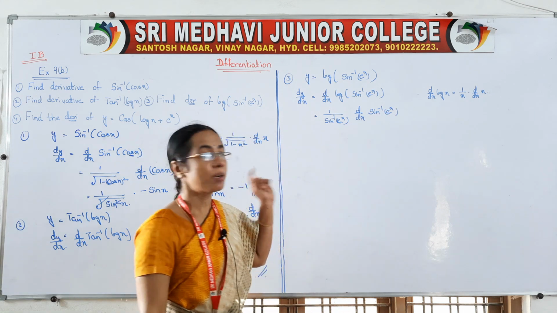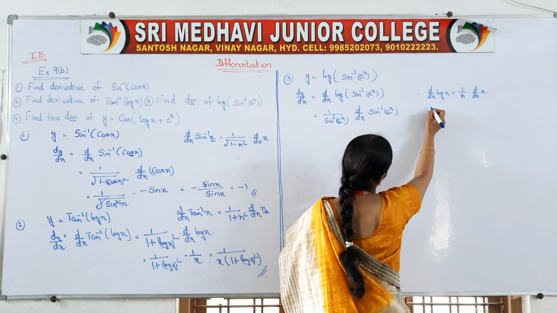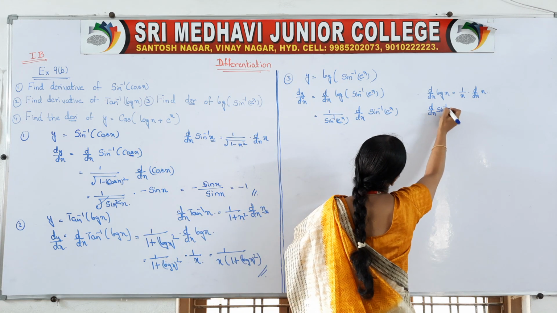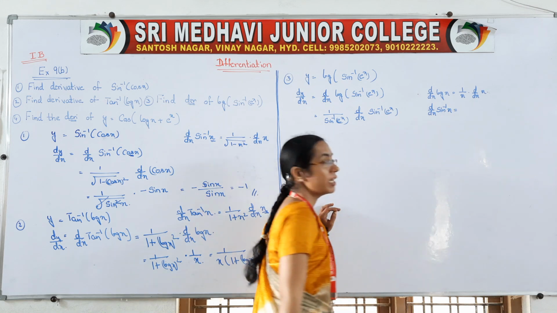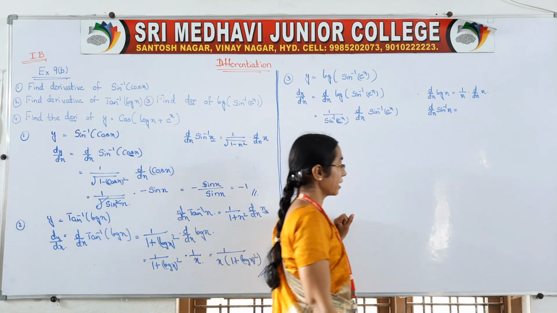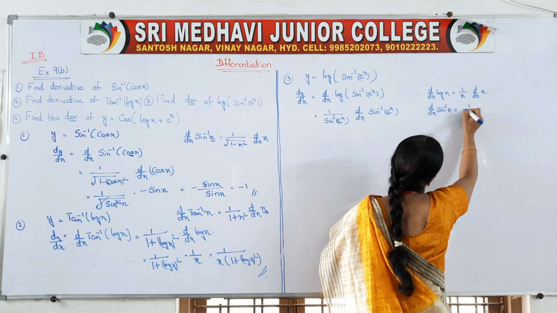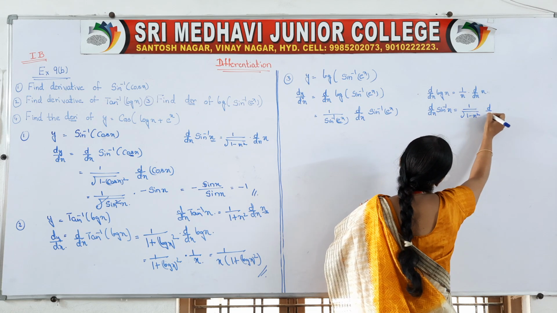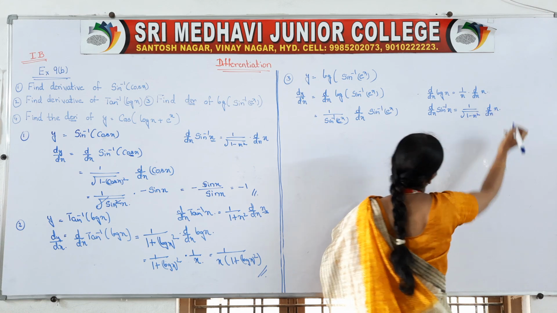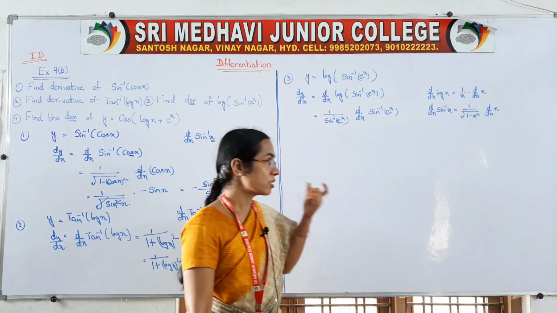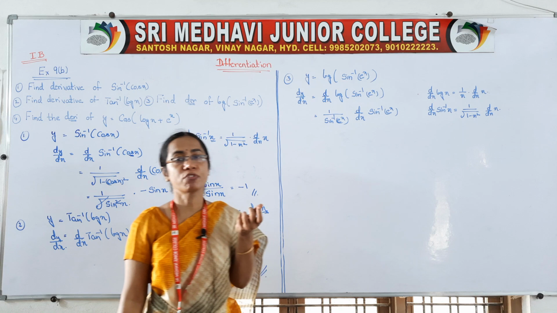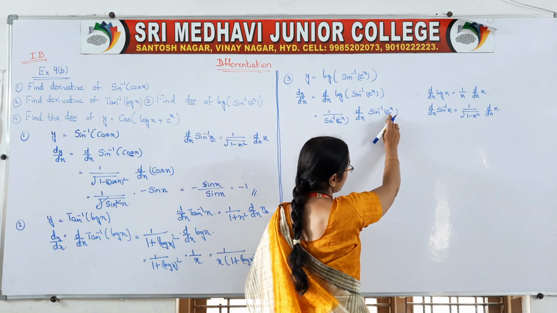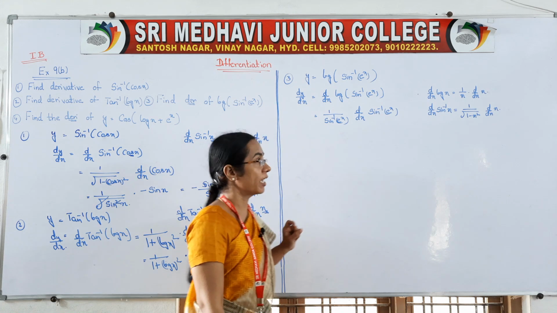So again one formula we have to apply. What is that? d by dx of sine inverse of x. The d by dx of sine inverse x formula is 1 by root of 1 minus x square into d by dx of that variable. So x means some variable. Instead of x we can have any other value. So here instead of x we are having e to the power of x.